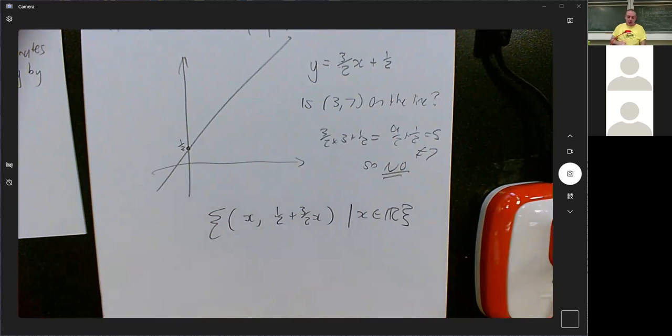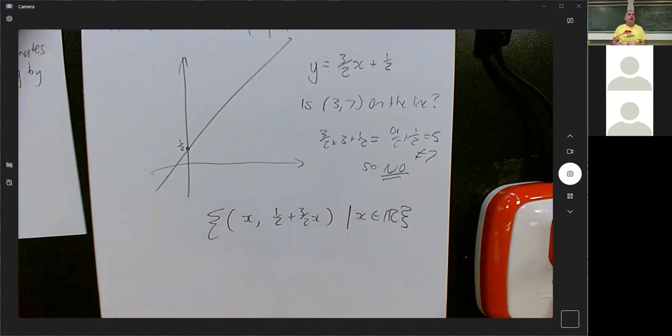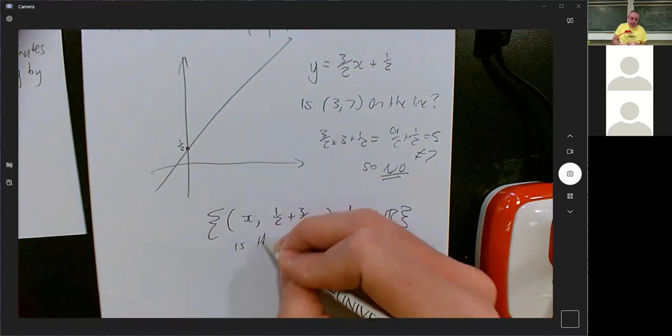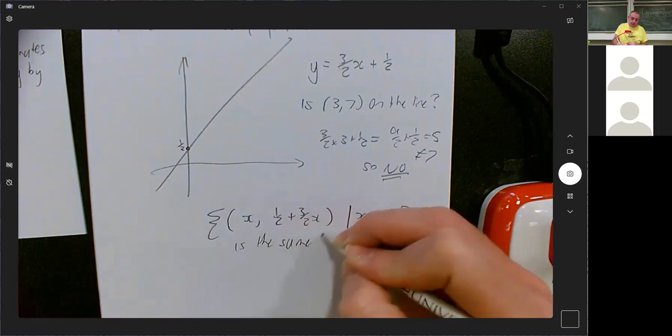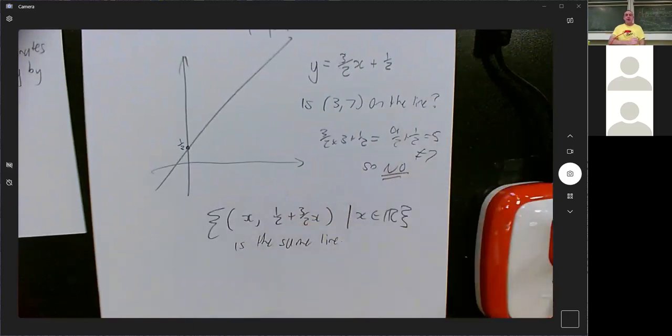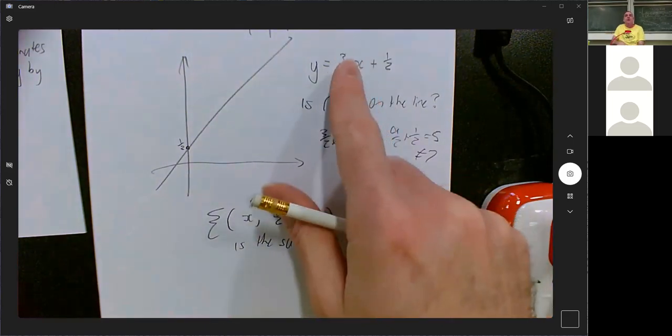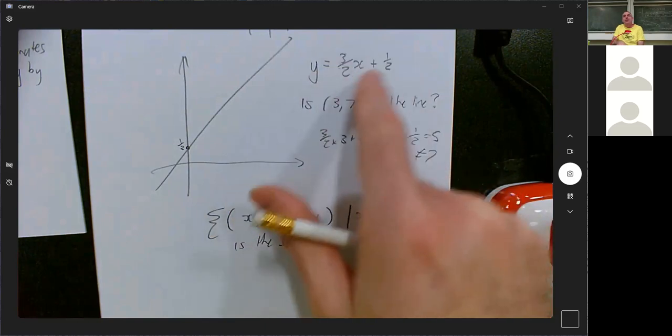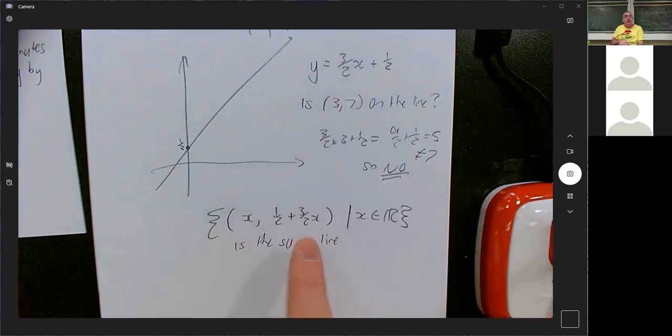Okay, cool. And this is also the same line. This tells you what every point on the line is. If I just keep picking x's, it'll keep telling me what the points are. This is not really that different from the equation. This is telling me that the y-coordinate is calculated from the x-coordinate in this way, which is what the equation says.